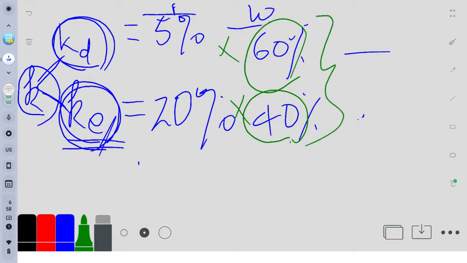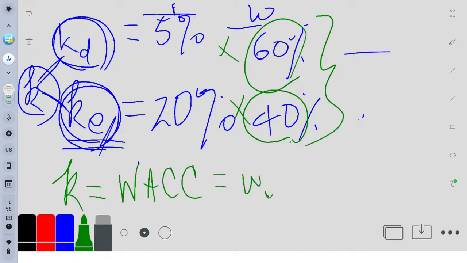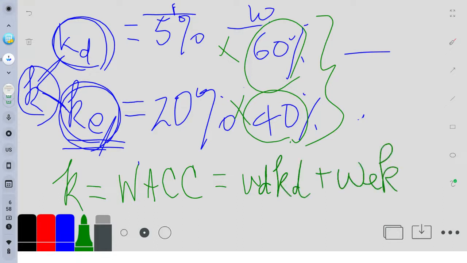So cost of capital is weighted average cost of capital. Weight of debt times cost of debt plus weight of equity times cost of equity, right? That's weighted average cost of capital.